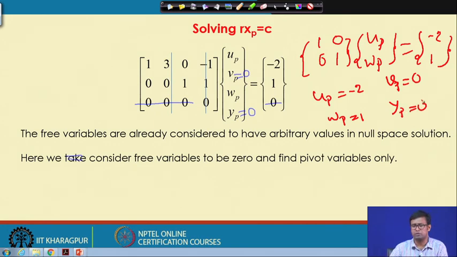This is one particular solution, and if you substitute this in any of the row equations, you will get the equation satisfied.